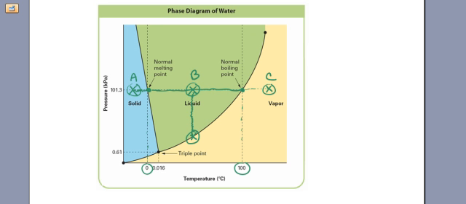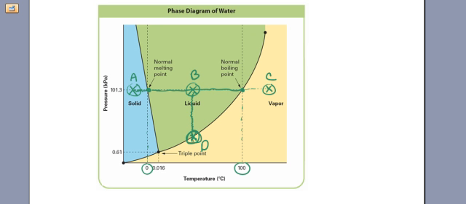Now, why is the water boiling at this point? Remember, in order for something to boil, the vapor pressure has to match the atmospheric pressure. Well, if you're lowering the atmospheric pressure, it takes less heat or less temperature to achieve that vapor pressure. And so as you lower the atmospheric pressure, eventually you're going to match the vapor pressure and the water is going to boil. We'll call that point D.